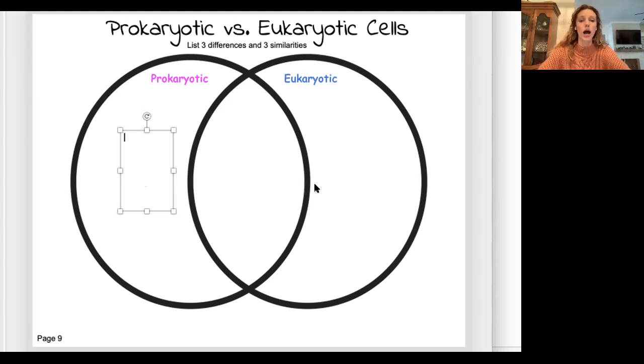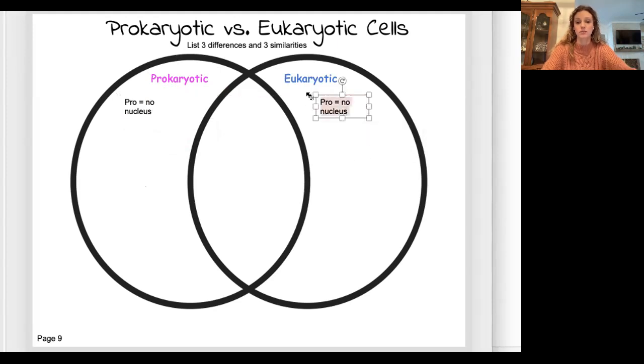Okay, so prokaryote, pro sounds like no, for no what? No nucleus. Whereas eukaryotic, what is it? They have a nucleus, they have membrane bound organelles.